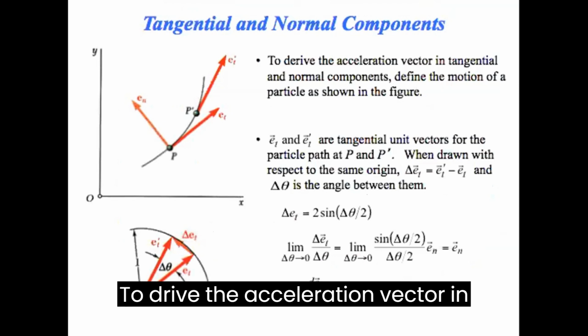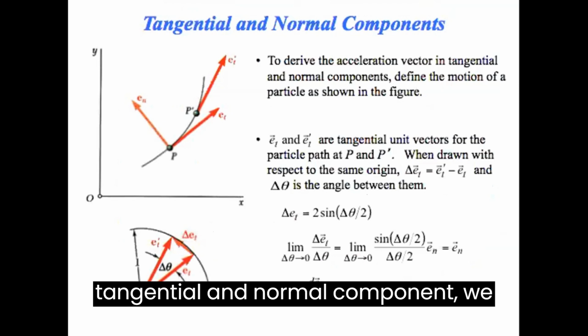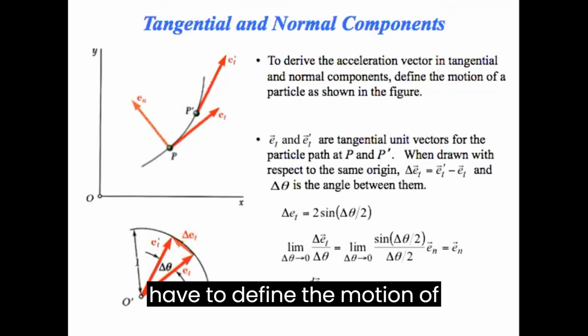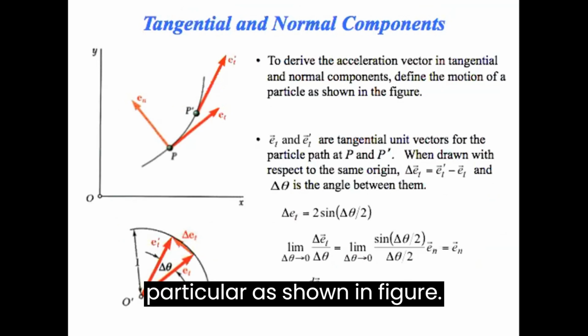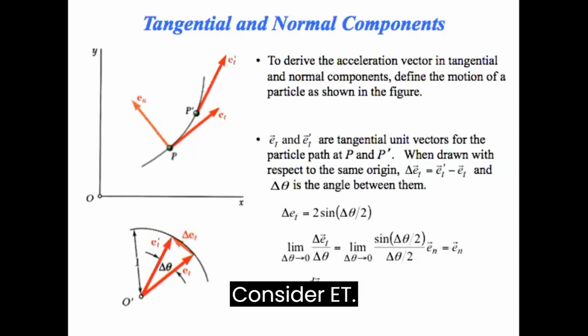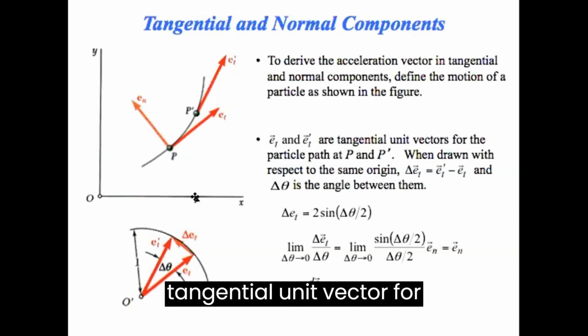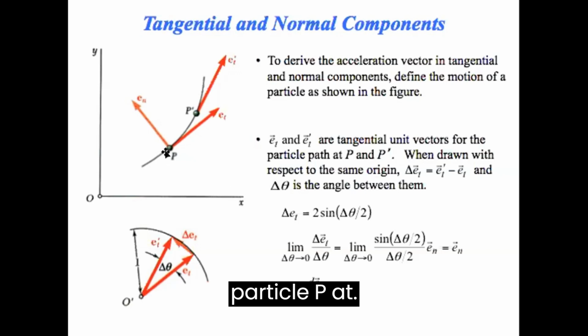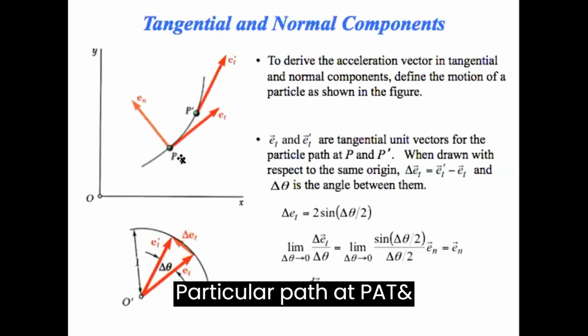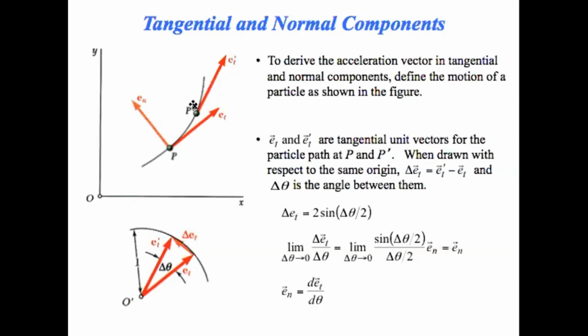To derive the acceleration vector in tangential and normal components, we have to define the motion of the particle as shown in the figure. Consider ET and ET prime as the tangential unit vectors for particle P at P and P prime on the particle path.